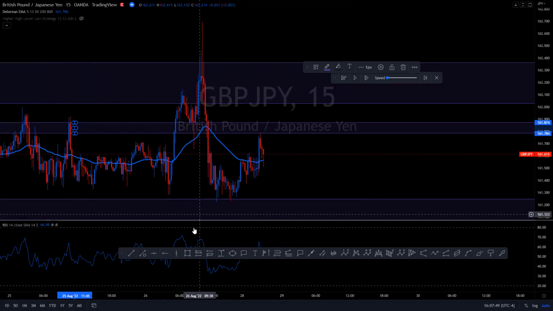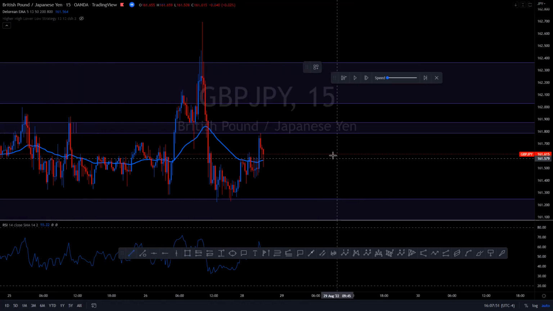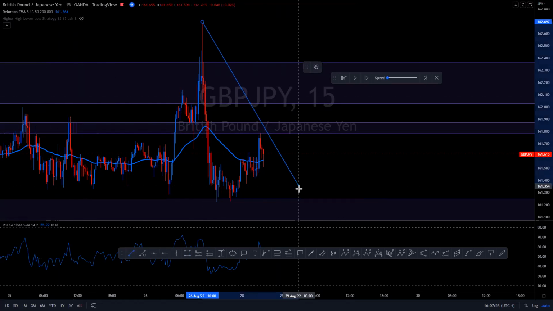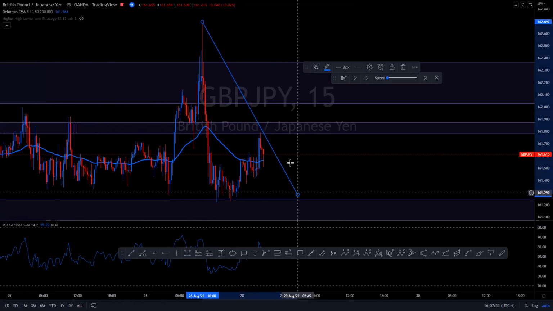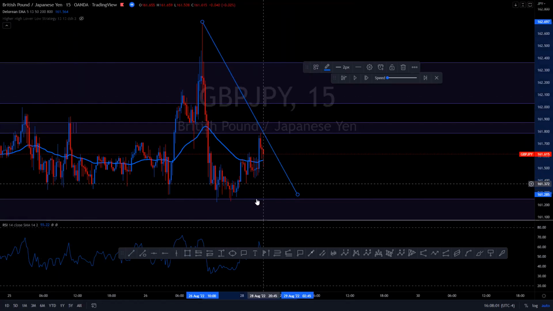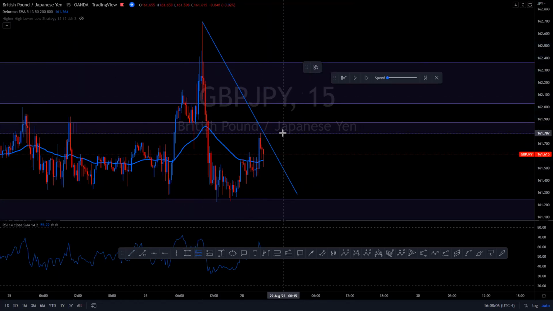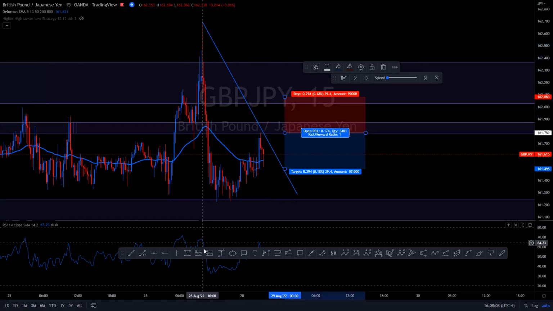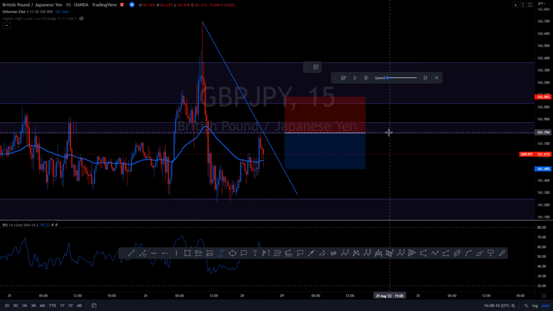So if I was to look at this, I would probably say that price is overall bearish at this point. And then I would be looking for price to maybe come up and test this area and then go down. Probably go down and test this demand zone again. So then price comes back up in this area.